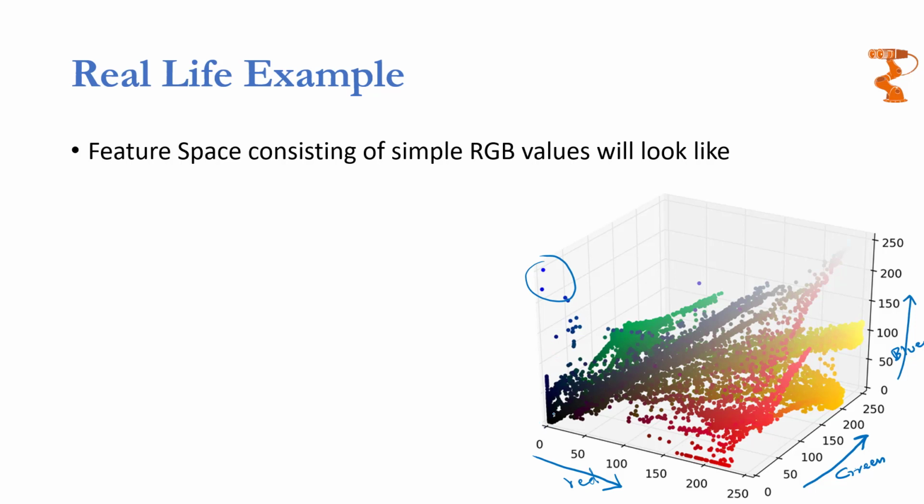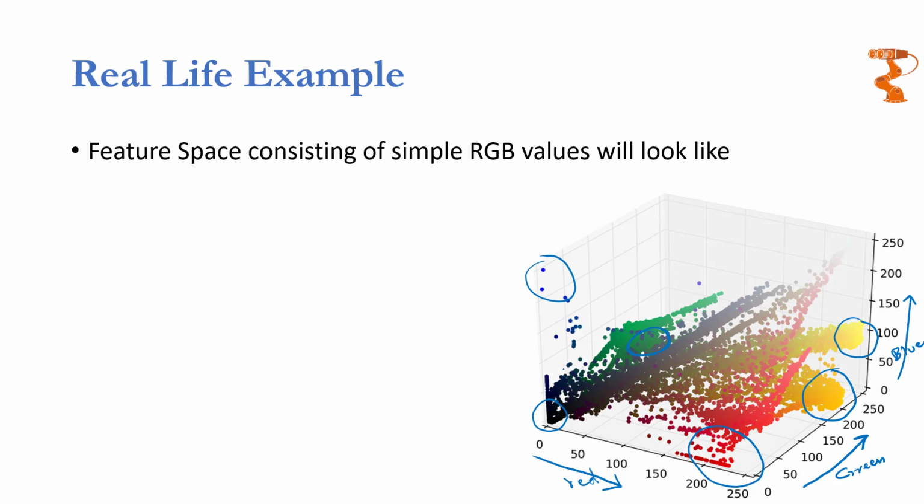All the points having a low value of red, low value of green, and low value of blue mean those points are black, and they are positioned over here. Similarly, red points are lying over here, and green points are lying over here. They have low red values, low blue values, and high green values. And these points have high green values and medium blue values. So they are somewhere over here and they appear as yellow.